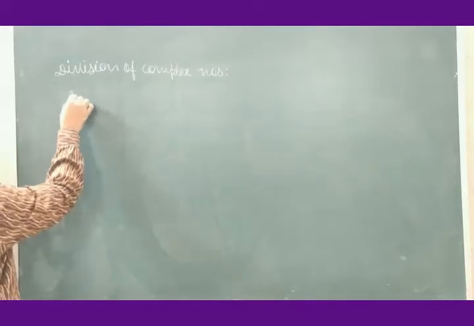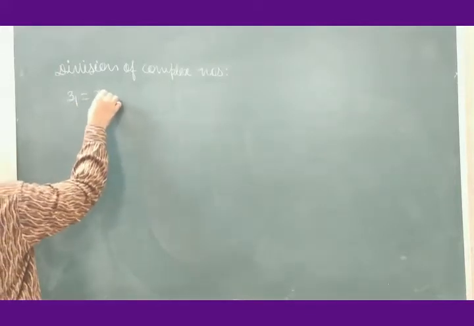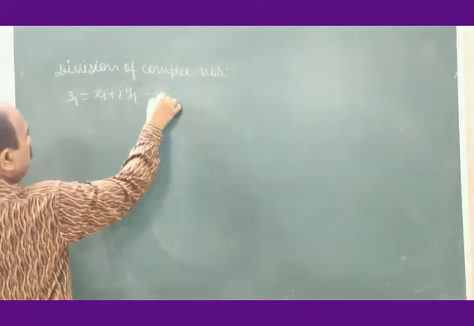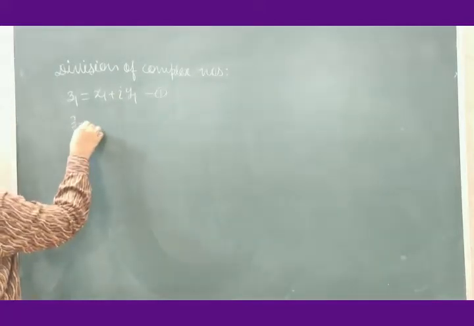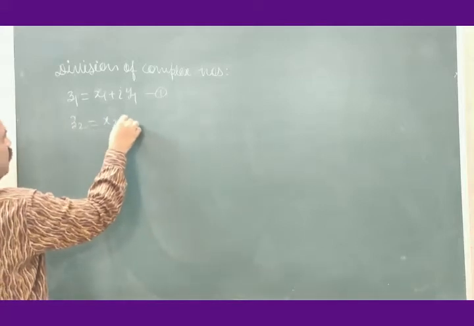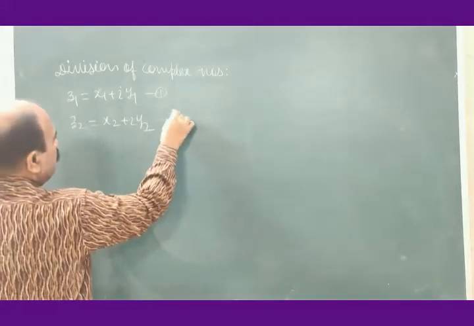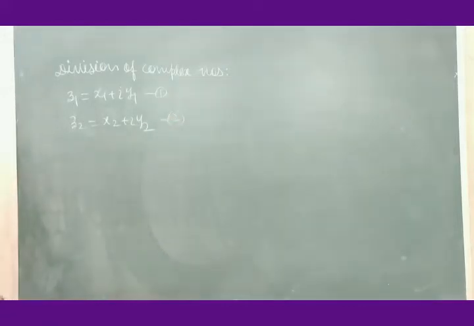Let us consider two complex numbers. Z1 is equal to x1 plus iy1, equation number 1. Z2 is equal to x2 plus iy2, equation number 2.